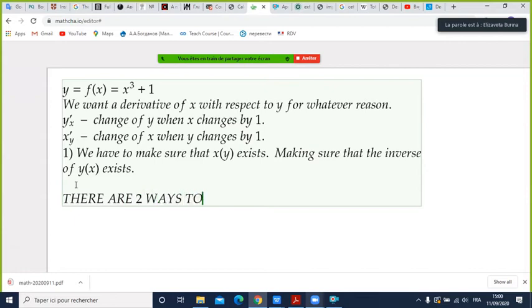ways to do it. And the first one is something that will seem very logical to you and it will make perfect sense. Well, there are two steps. Find an inverse, differentiate it.